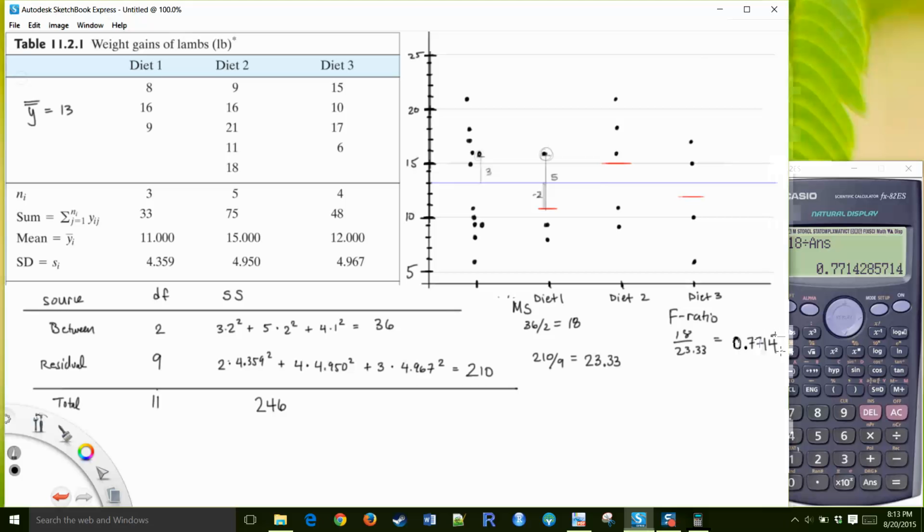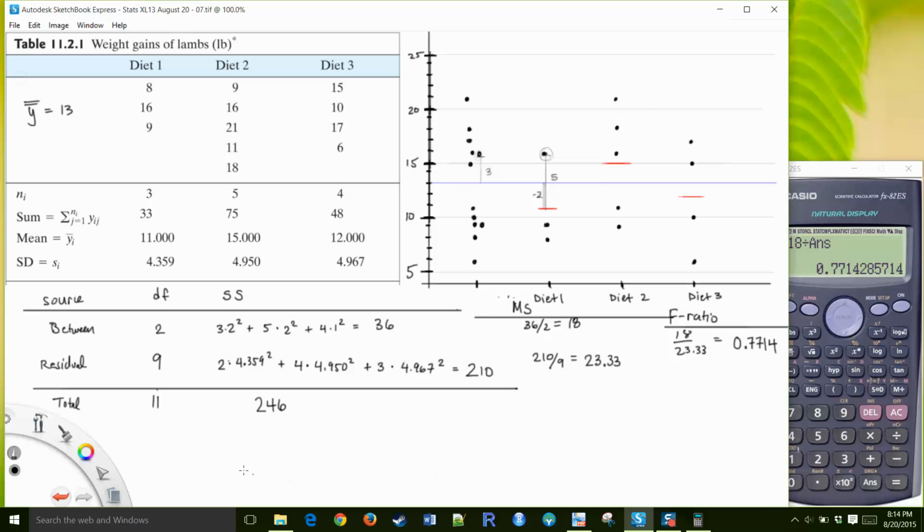A lot of times this is like nu1 and nu2. Those are our nus, not v's. And for the numerator, you just look at the degrees of freedom for that component. So in our case, we have numerator degrees of freedom 2 and denominator degrees of freedom 9.